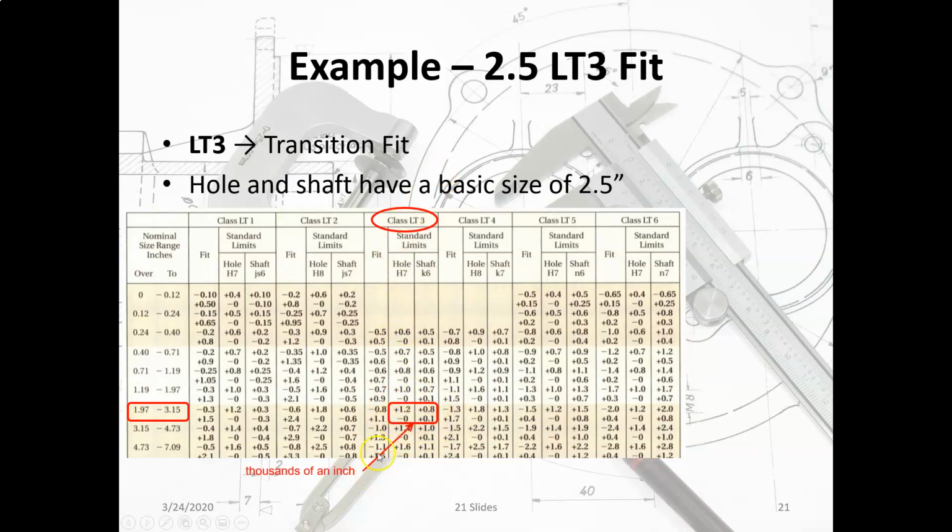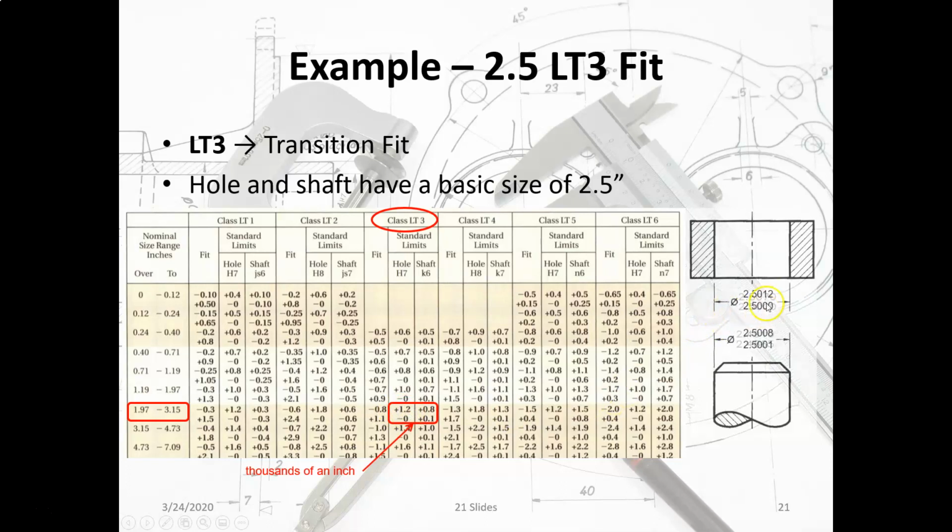So what we're going to do here is to find the hole limits of size, we're going to add and subtract these numbers to 2.5. Now, not specifically these numbers, but we're going to subtract 0. So that's 2.5 minus 0, which is 2.5. And 2.5 plus 0.0012. So that gives us that number right there.